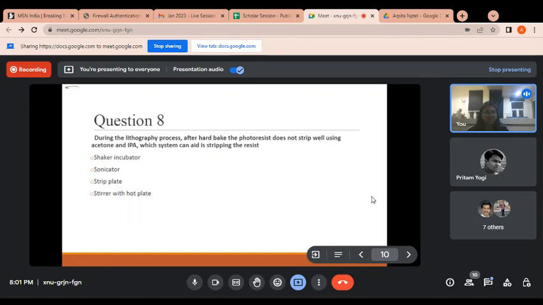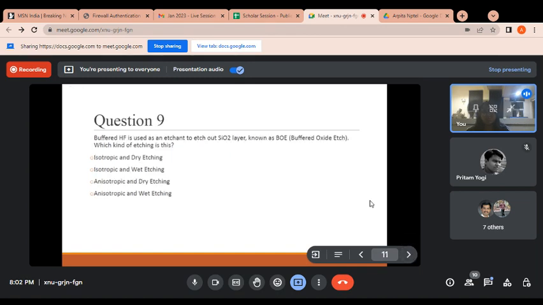When removing PR, we just put the device in IPA or acetone and put it on the sonicator, then it can easily remove the photoresist, because some portion of the photoresist remains after the hard bake process. Okay.